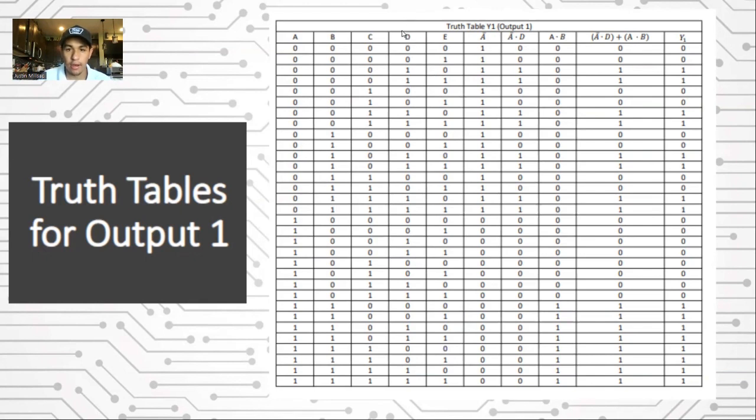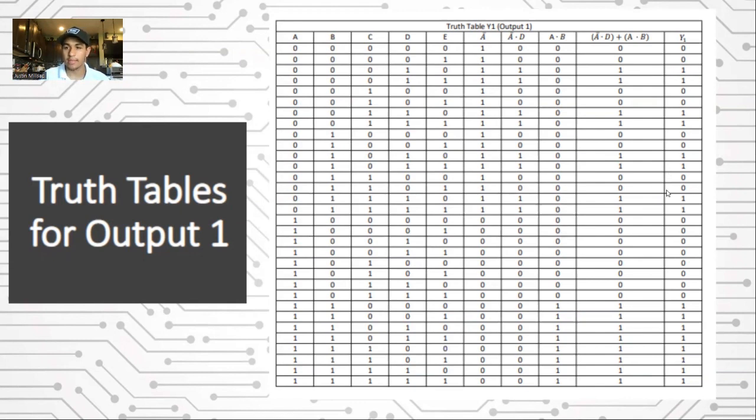It says D is true, so D is equal to 1, and A not is equal to 1, which means that A is 0. In English, this means that it is in auto mode and in between 10 and 20 centimeters, so this will be true and it will deploy.